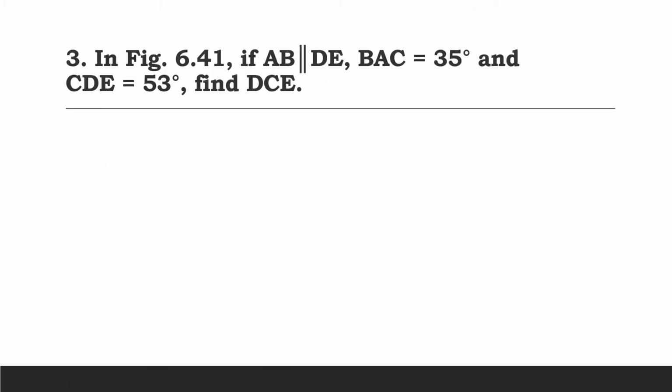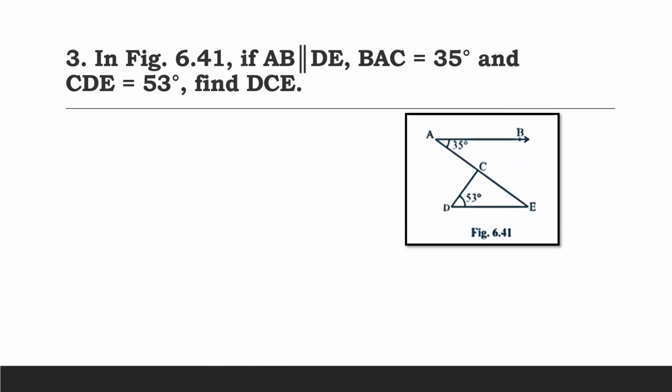Next sum. In figure 6.41, if AB is parallel to DE, BAC is equal to 35 degrees and CDE is equal to 53 degrees, find angle DCE. Let's see how we will find it out. Here you can clearly see that AE is a transversal of AB parallel to DE.